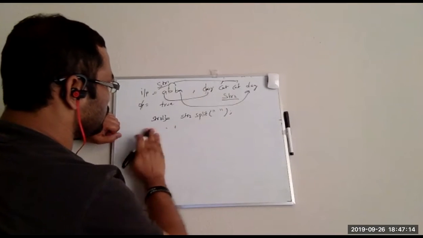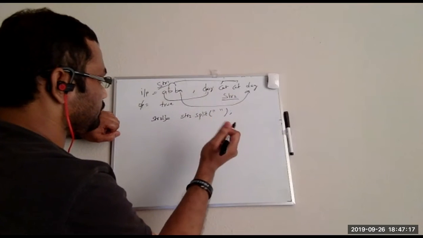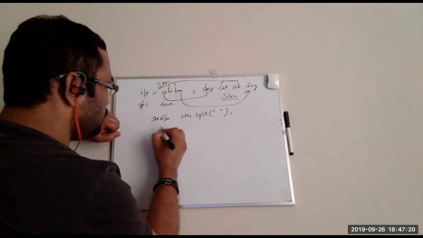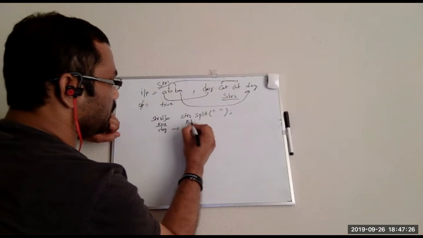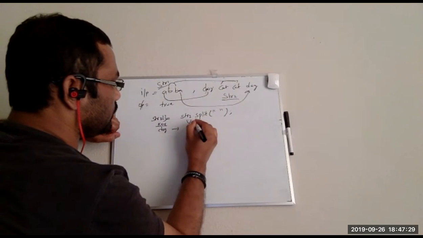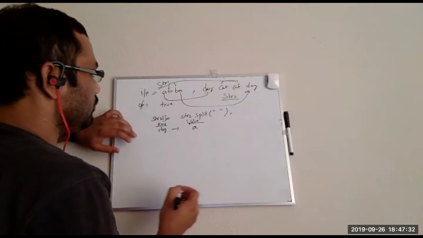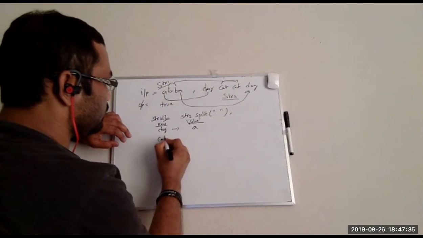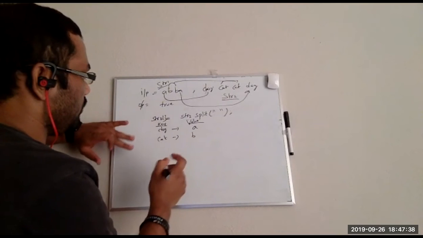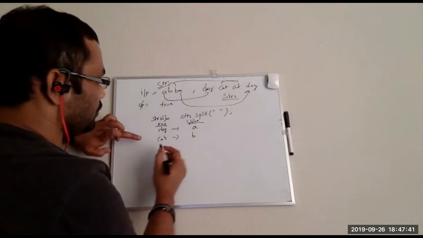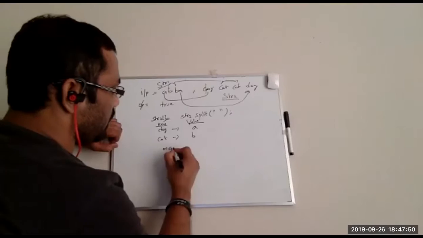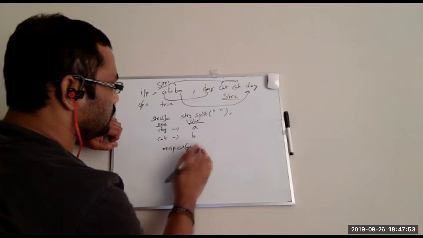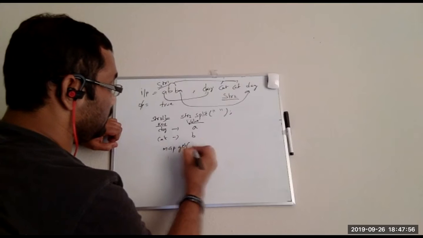The key should be from our pattern, and the value is the word, so for dog, the key is A. Now we try to assign for cat if it is B. Now we encounter cat, so we check map dot get of cat.